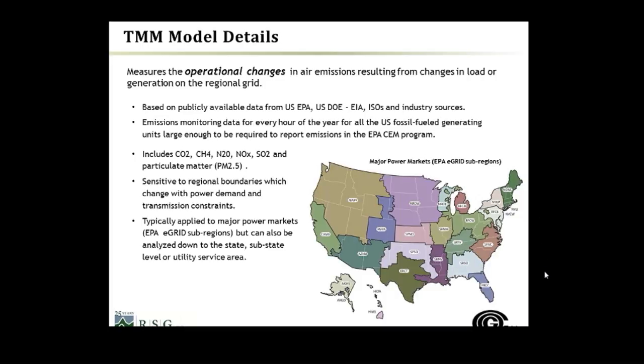The model is quite sensitive to regional boundaries, which can change a little bit with power demand and transmission constraints. And so we typically prefer to apply it to what we would call major power markets, which are somewhat the equivalent of EPA eGrid subregions. But we can also analyze this down to state, sub-state level, or utility service area if necessary. Next slide, please.